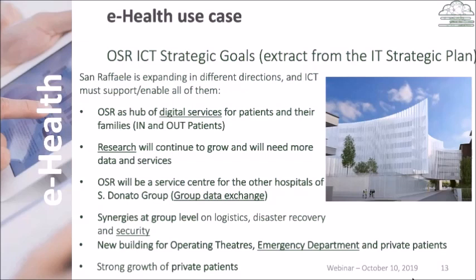Research will continue to grow, and we'll need more data and services in the future. OSR will be a service center for the other hospitals of the San Donato group, as we have seen before. And we will develop synergies at the group level on logistics, disaster recovery, and security. And we are building a new part of the hospital with new operating theaters, a new emergency department, and some new wards regarding private patients.